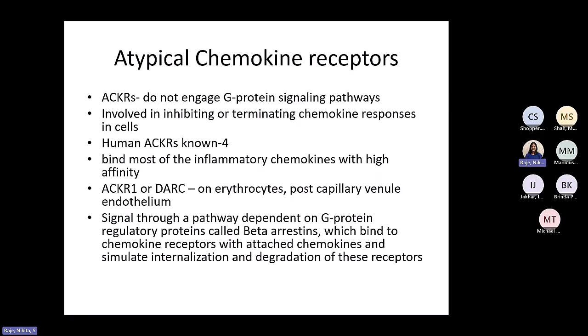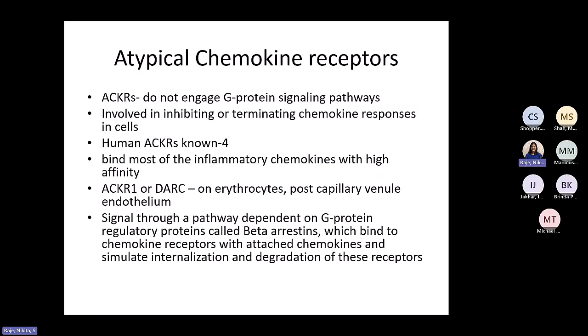Some of them, called ACKR1 or DARC, can be present on the erythrocytes and postcapillary venule endothelium. They basically help in internalization and degradation of the receptors, so they can regulate the function of the chemokines and chemokine receptors.